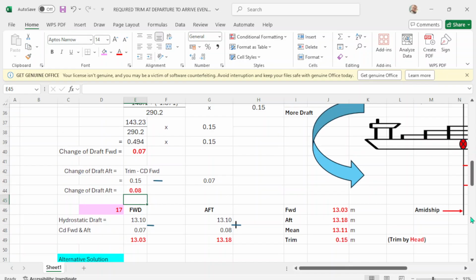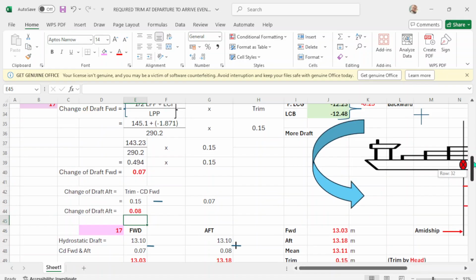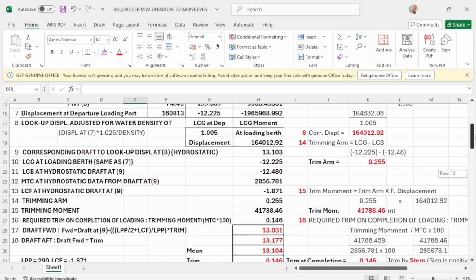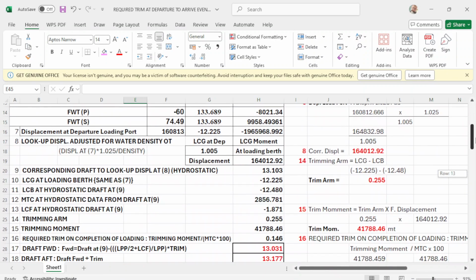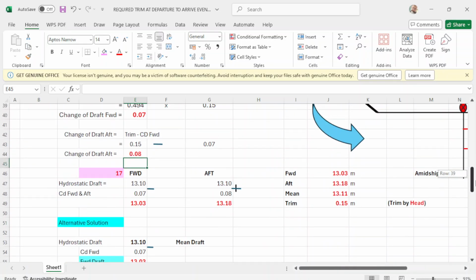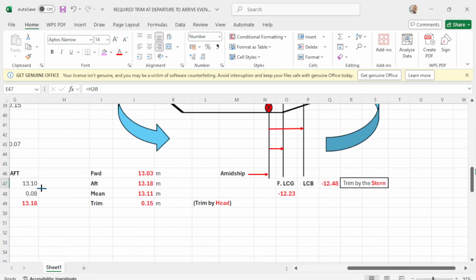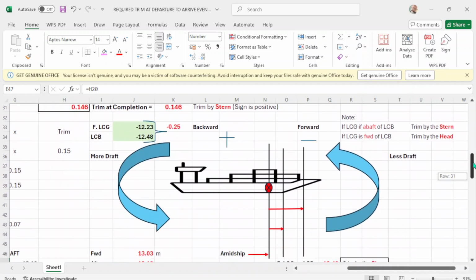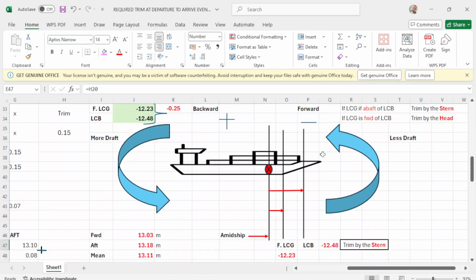What is your initial drop? Your initial drop is 13.10. Apply your forward correction, which is 0.07, minus, because the tendency of the vessel is to rise up, meaning you have less drop here.